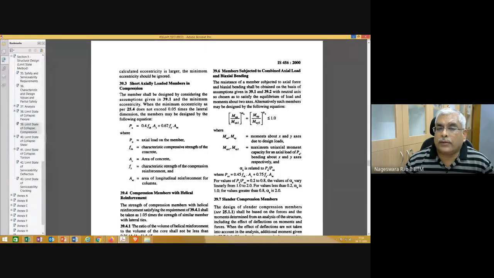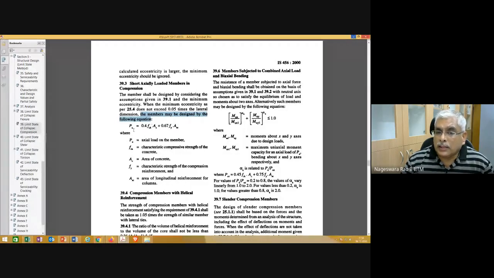And also we need to design for minimum eccentricity. When minimum eccentricity is not exceeding 0.05 times the lateral dimension, the members may be designed by the following equation.